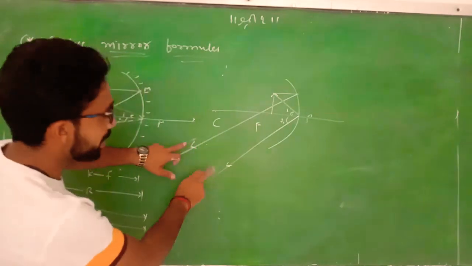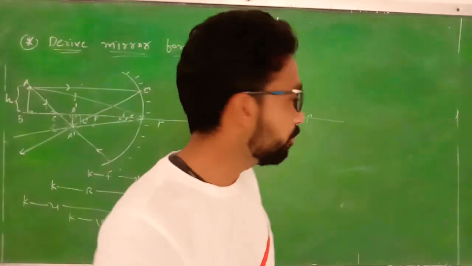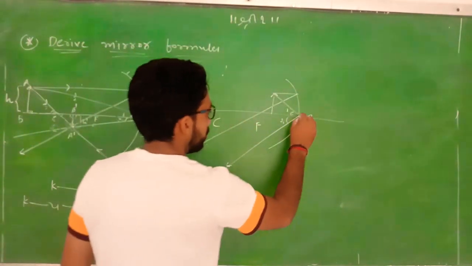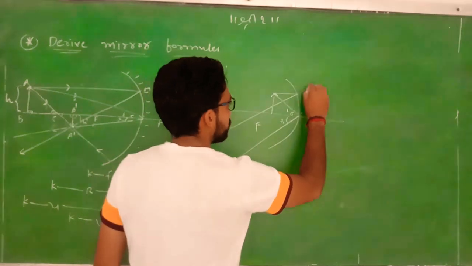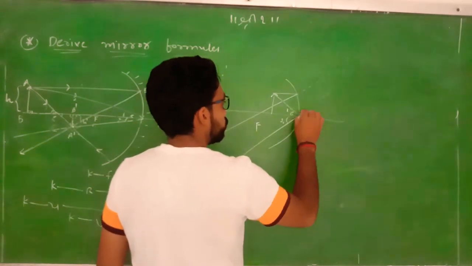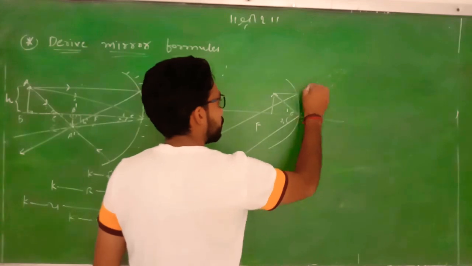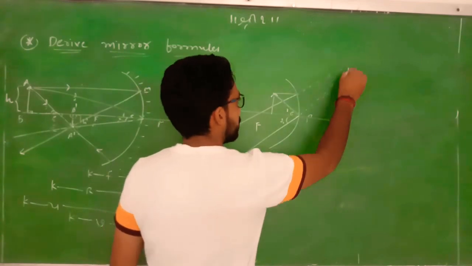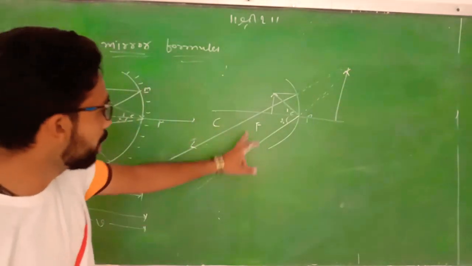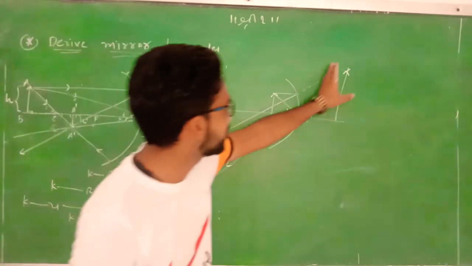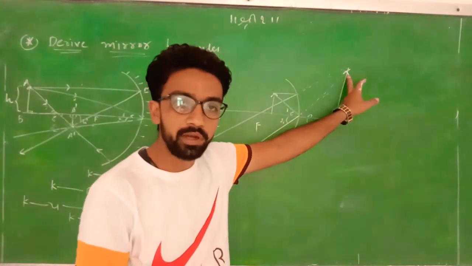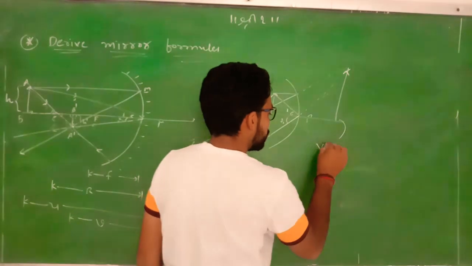These two rays never intersect each other. If you want to find the intersection point, you can extend them backward. These two intersect at this point. So this intersecting point is the image. You have to extend these two rays in the backward side to get the intersecting point and image. So this image is a virtual image.